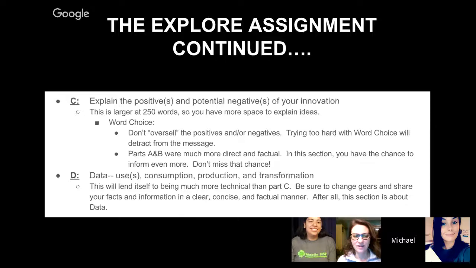I think I would second that and say that, in terms of the positive and negative impacts section, that is a frequent mistake I see students making, that they forget to include the negatives, or that they're very dismissive of the negative impacts or potential negative impacts of their innovation, and really focus on the positive sides and tend to think very highly of them.